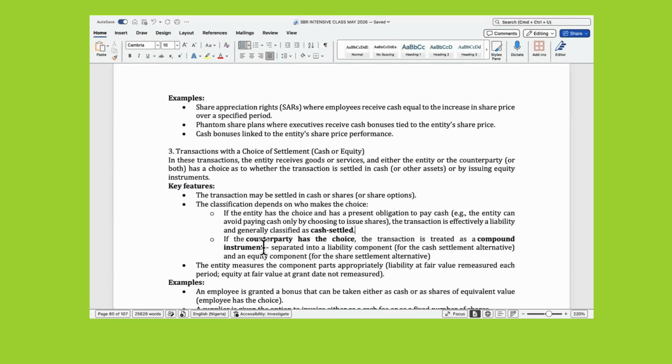Because at that point, if it's the counterparty that has the choice, the entity therefore does not know whether the counterparty would opt for cash receipts or shares. We don't know. So we treat it similar to how we treat compound financial instrument. I taught you that last weekend.